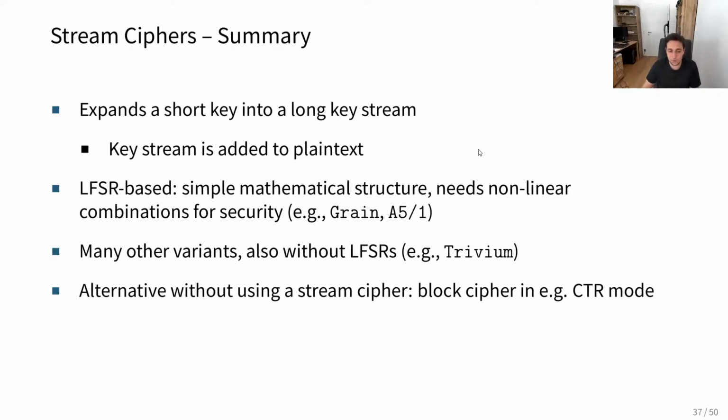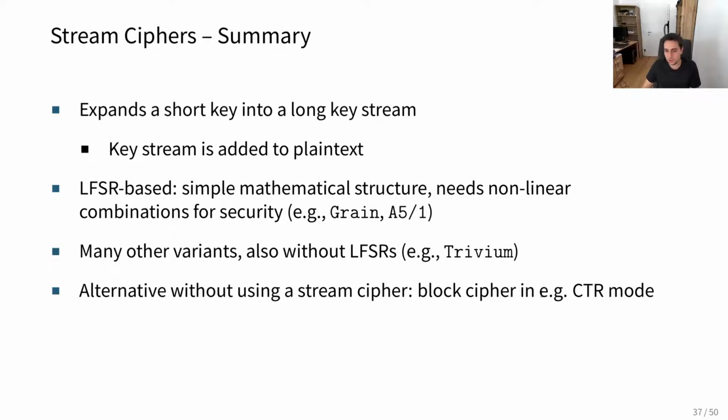For example, Trivium. And one alternative, which maybe is also interesting, and we didn't talk about that so far: there's also an alternative to building a stream cipher with these LFSR approaches. Namely, we can just use a block cipher in counter mode.